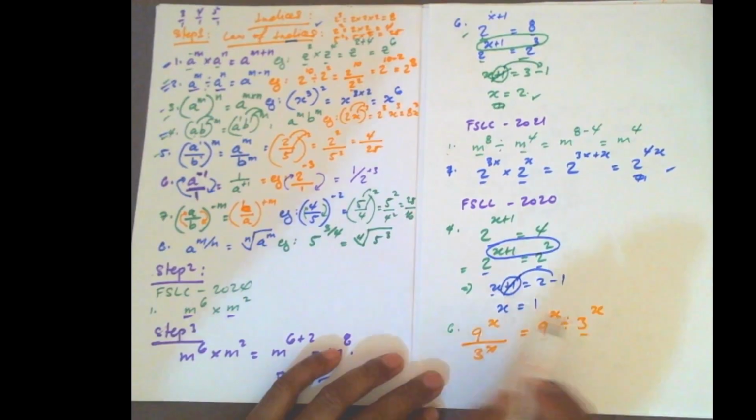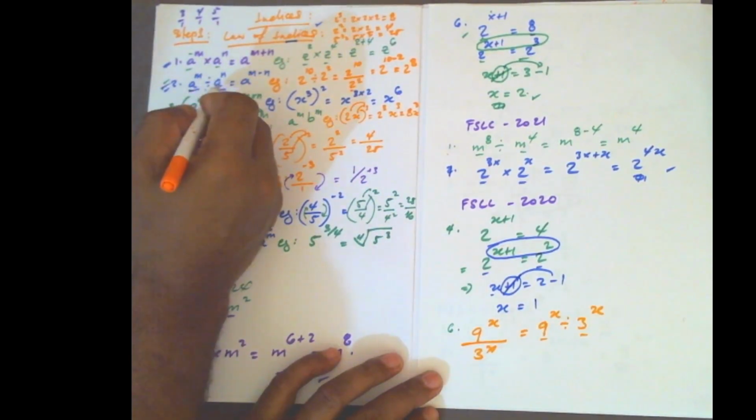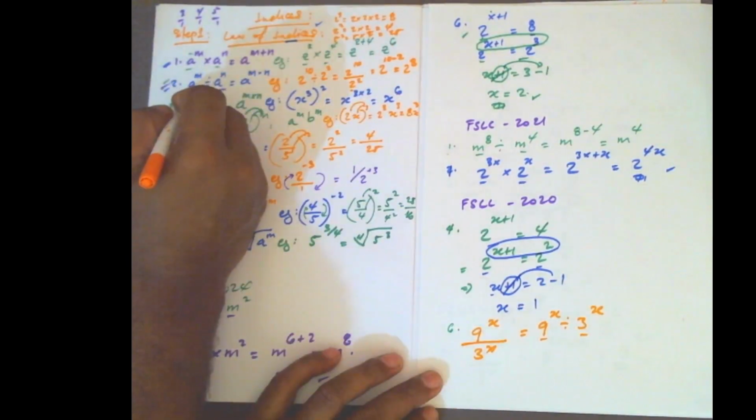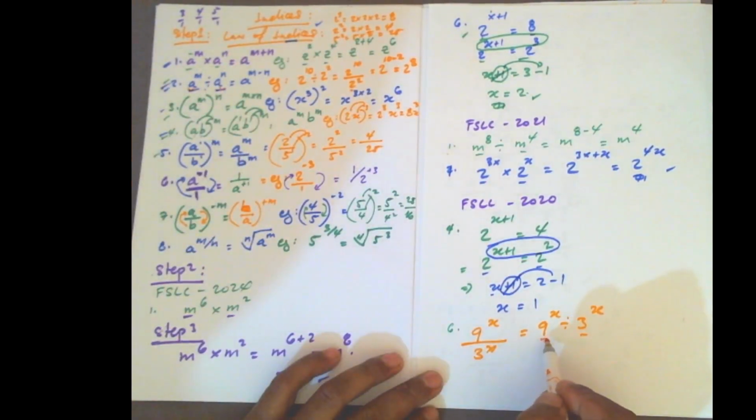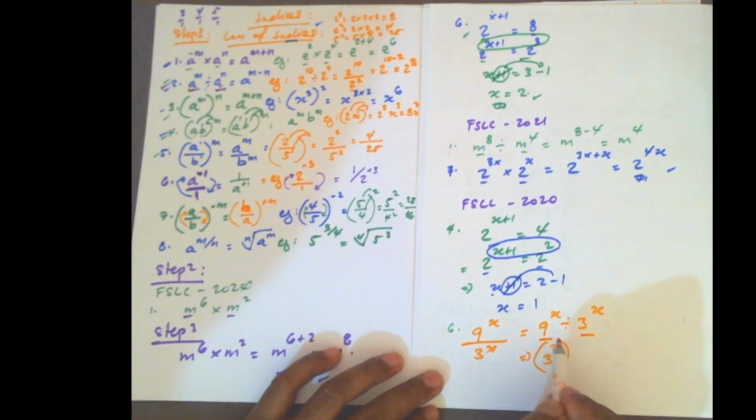I cannot divide because they have different bases. According to the law, you can only divide if they have the same base. So I need to convert these to have the same base. I need to convert 9 to base 3. 3 to the power of 2 gives you 9, and this 9 is raised to the power of x, divided by 3 to the power of x.